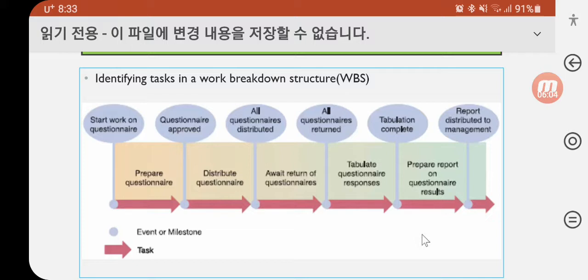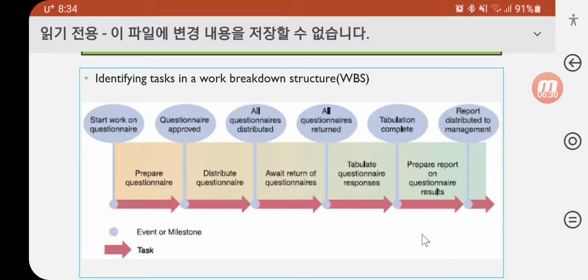The blue color is an event or milestone. The red color is tasks. We start on questionnaires. So prepare the questionnaire, and the questionnaire is approved.